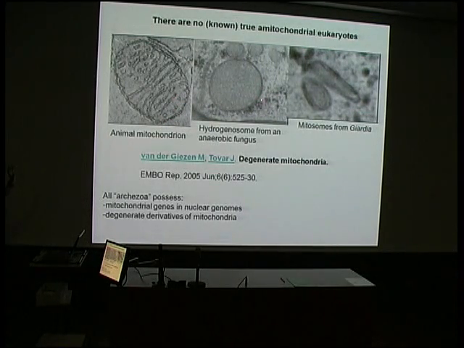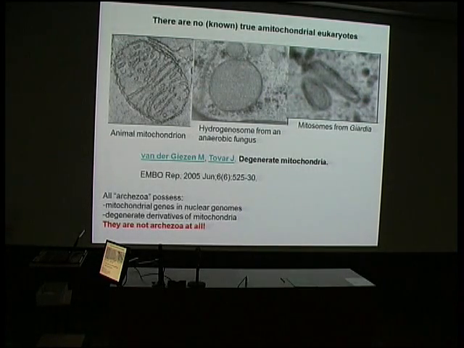In particular, importantly, they do not have genomes, they do not have chromosomes, they do not have their own information processing system, but it turns out that many proteins that go to these organelles are actually mitochondrial genes coming from the nucleus genome. So basically, all these organisms are not archezoa at all.